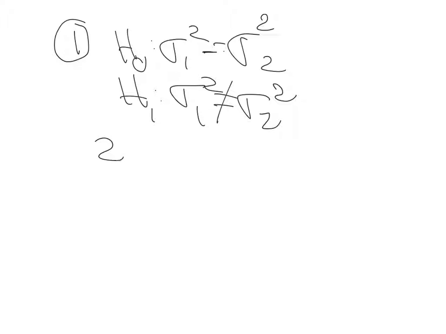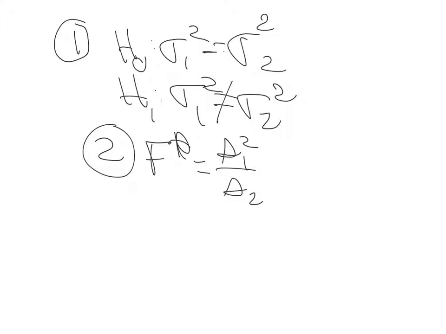If you were going to calculate it by hand, it's the F star, S1 squared over S2 squared. And here again, we're going to use the computer. So we're going to use R for that, so don't worry about it. You're going to get a p-value for that.